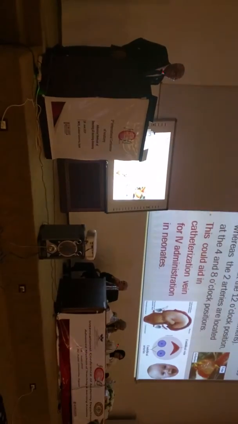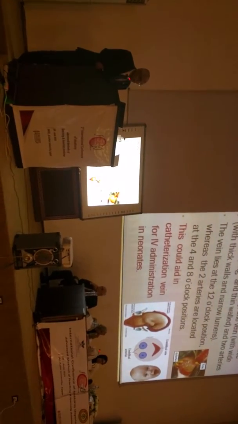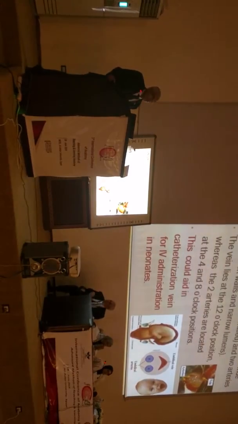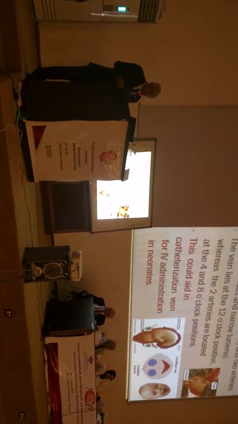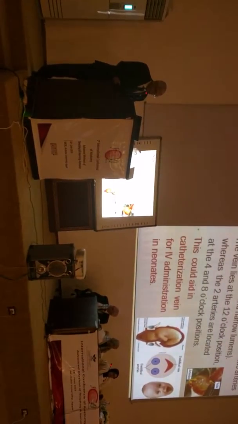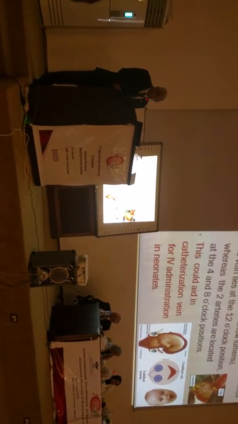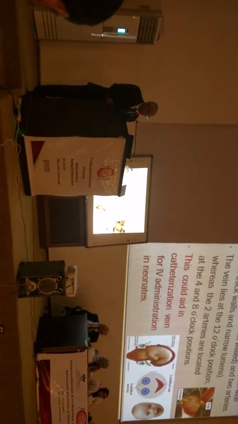The umbilical vein, we recognize it by wide lumen and thin wall, and lies opposite the 12 o'clock, whereas the 2 arteries lie opposite the 4 and 8 o'clock and are recognized by their thick wall and round lumen. Identification of these vessels is very important in intravenous fluid administration in the newborns.